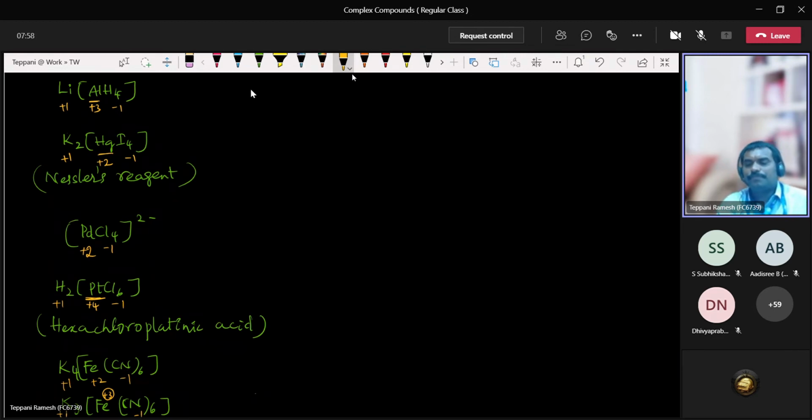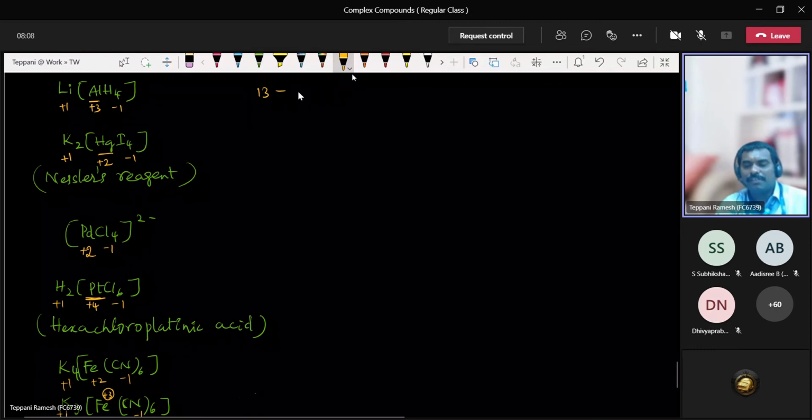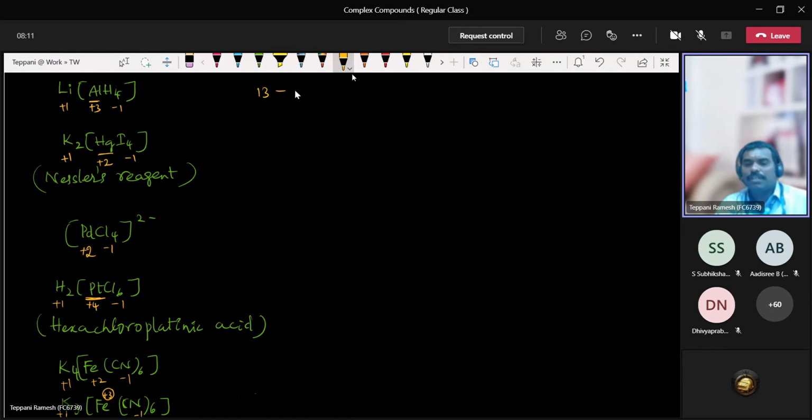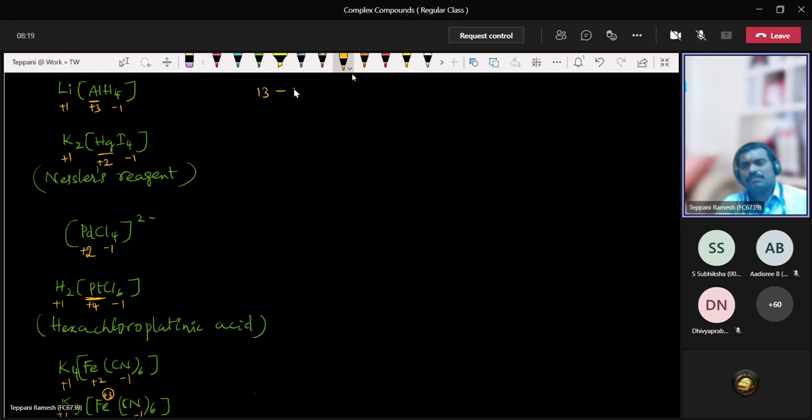EAN: 13, atomic number 13 minus Z value, 13 minus oxidation state, +3.